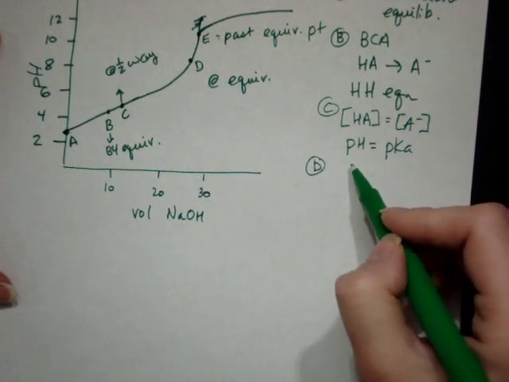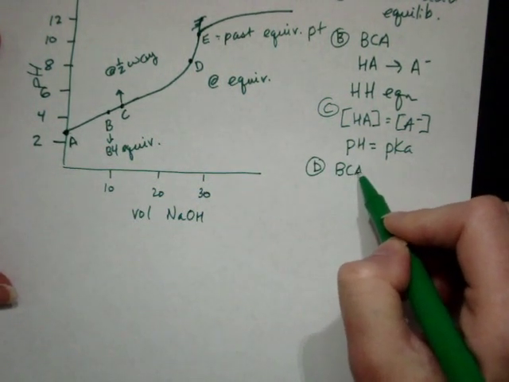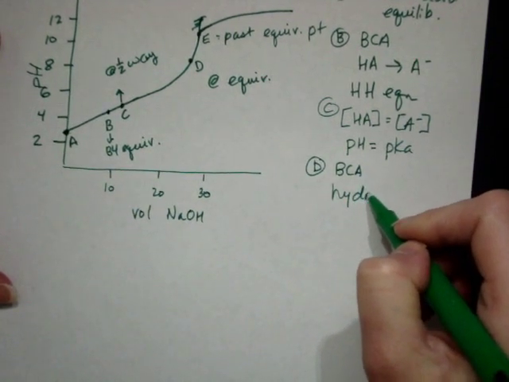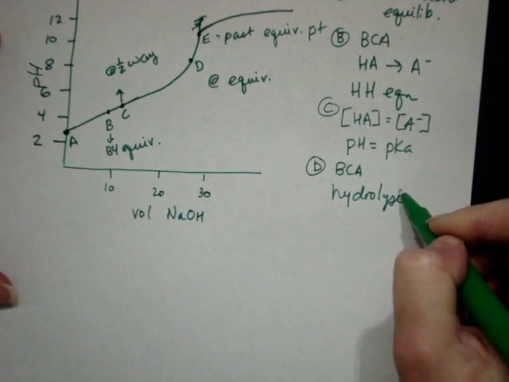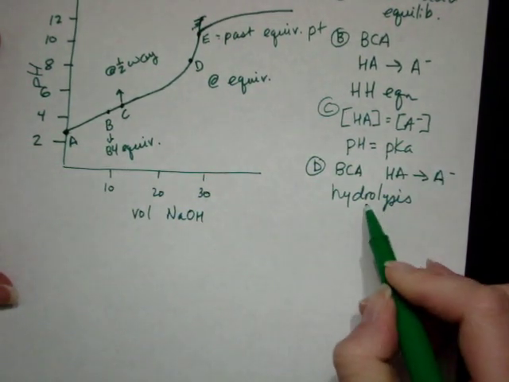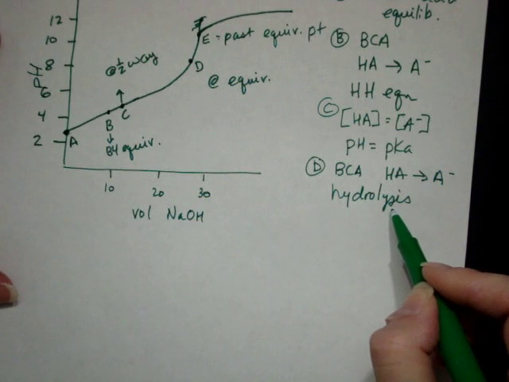At point D, we had to use BCA or general stoichiometry again, and then all of the acid is changed into the acetate ion, which then goes through hydrolysis. So you had to figure that one out.